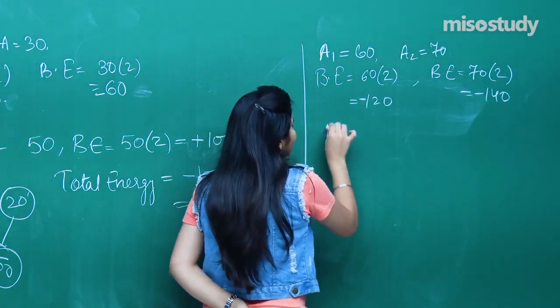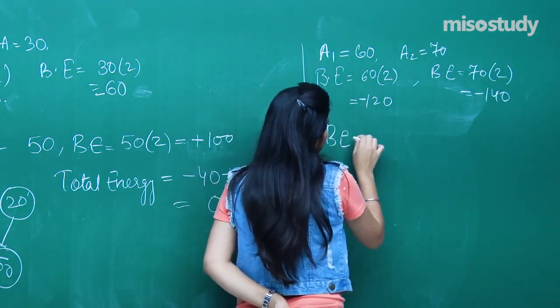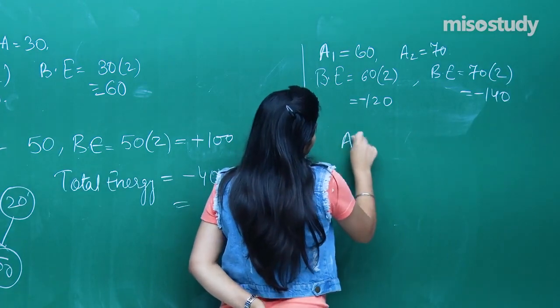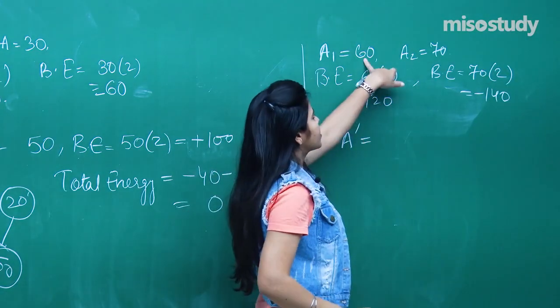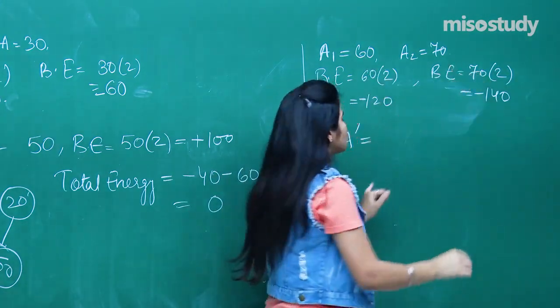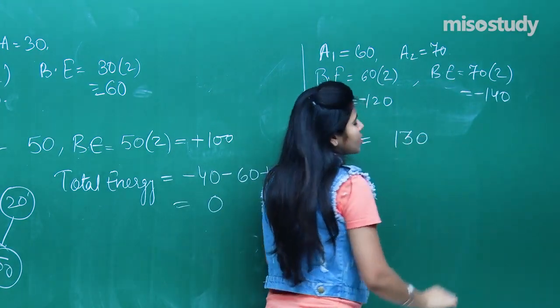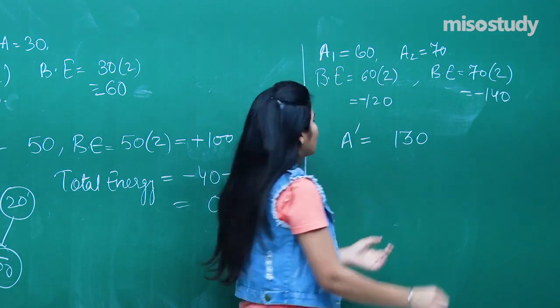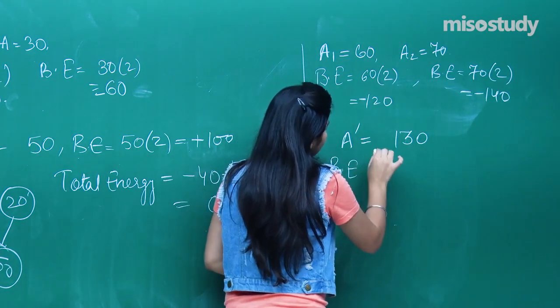So now the binding energy that will be released will be, in this case your mass number A prime will be 60 plus 70. That means 130. Isn't it? So because you are having your mass number as 130, what will be your binding energy per nucleon?